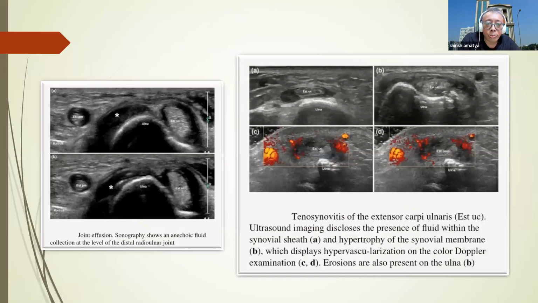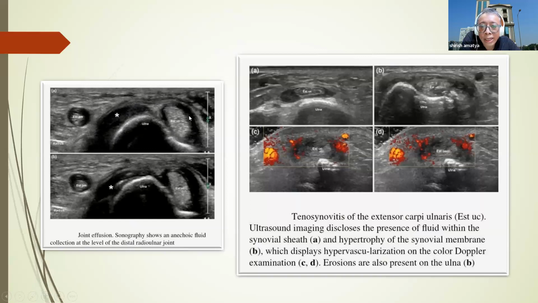So coming to the ultrasound picture, in the left side of the ultrasound picture, you can see the effusion in the distal radio-ulnar joint. This black anechoic fluid is the effusion, which is more commonly seen in patients with rheumatoid arthritis. And in addition to this, you can also see the features of tenosynovitis.